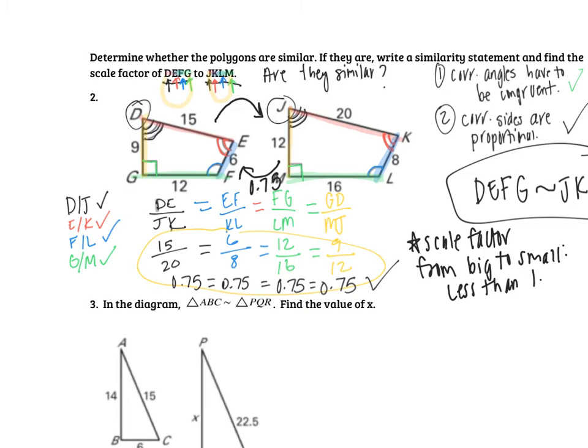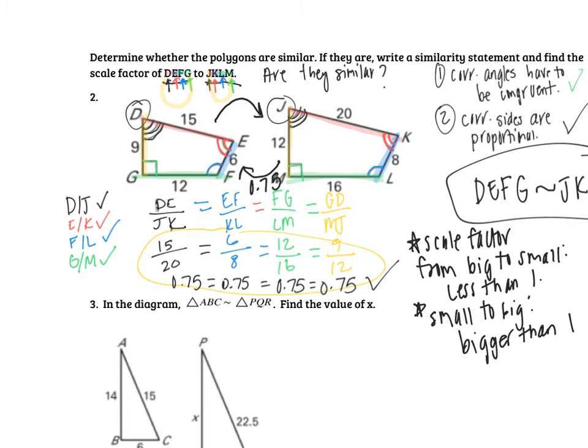So that means if I took side length JK and I multiplied it by 0.75, it gives me side length DE. It gives me 15. A scale factor from something small to something big has to be bigger than 1. That's the difference.